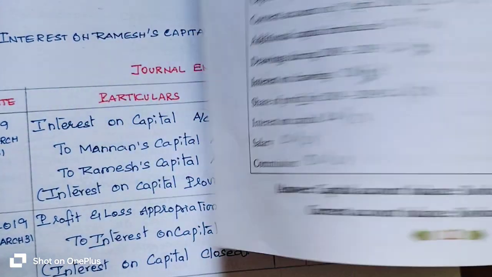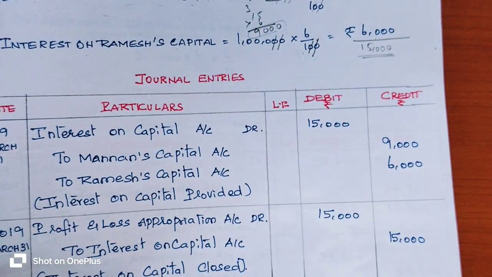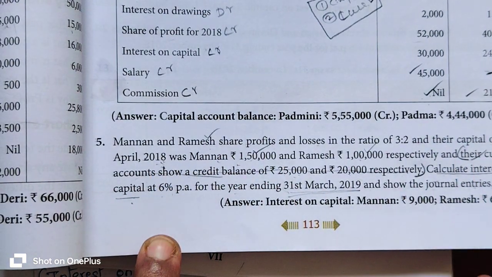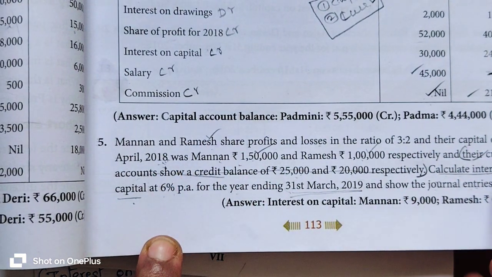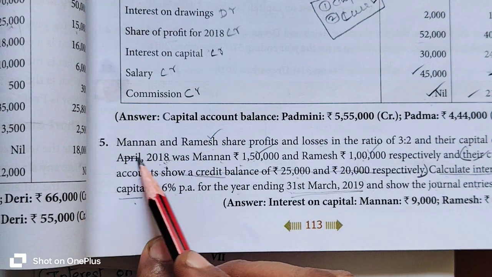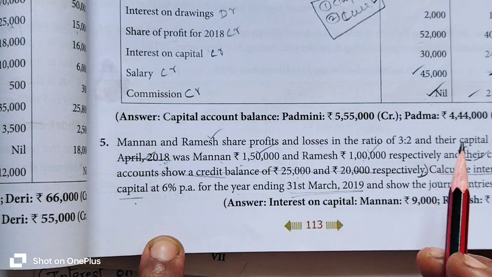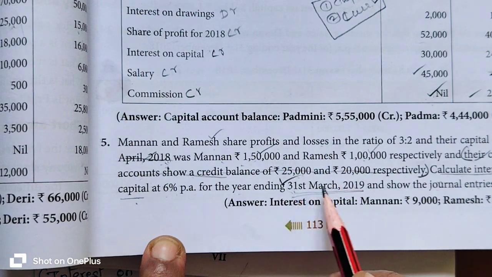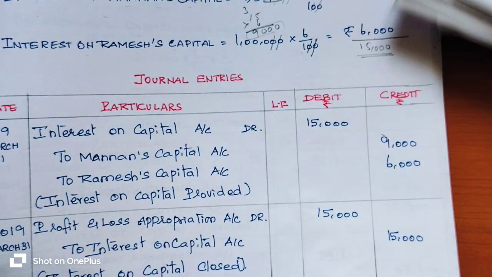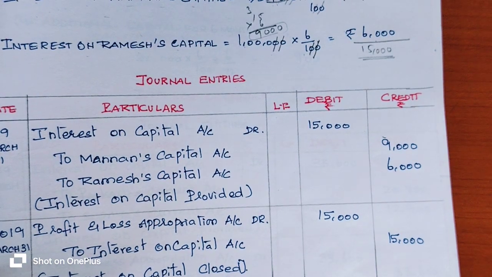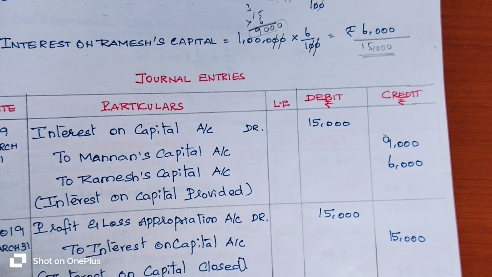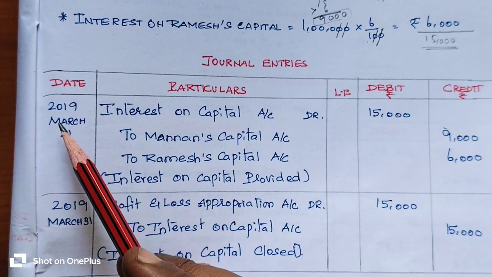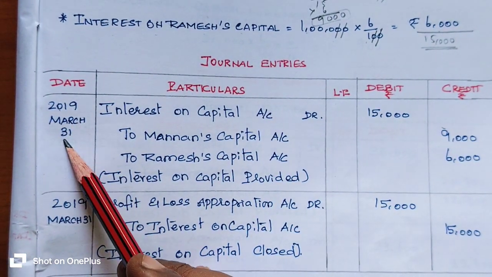So don't get confused, they have given 2 dates here. This is the capital's date, 1st April 2018, we don't consider it to pass the journal entry. We have to take 31st March 2019, the end of the accounting period only, because we are calculating the interest on capital. So in the date column you have to write 2019 March 31.